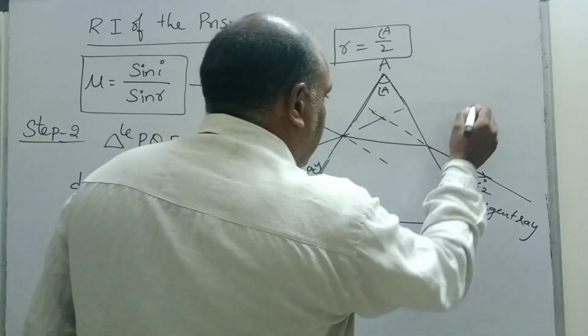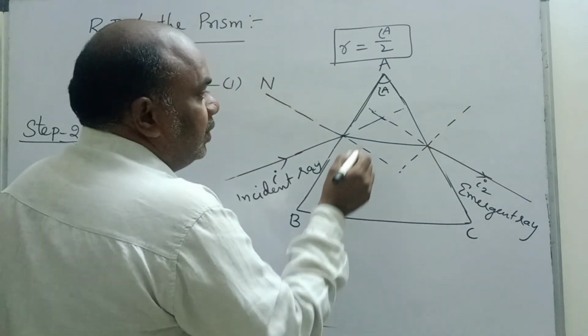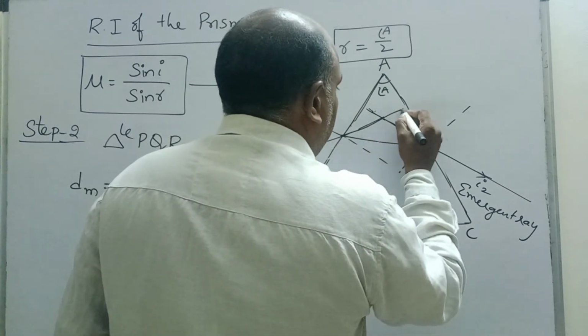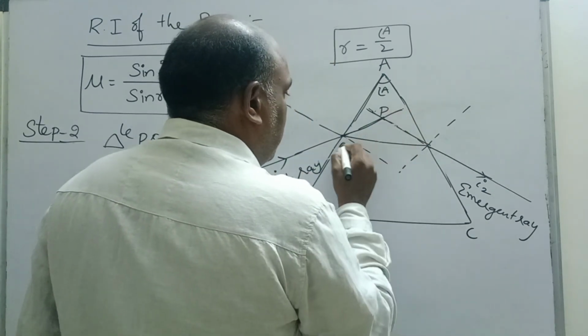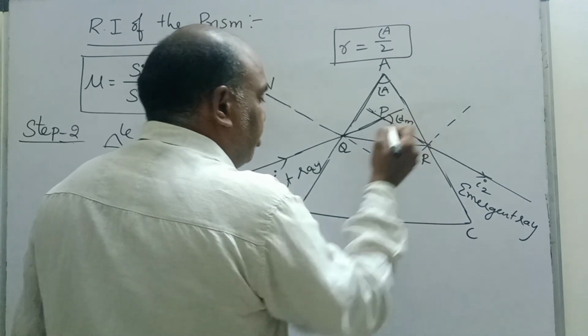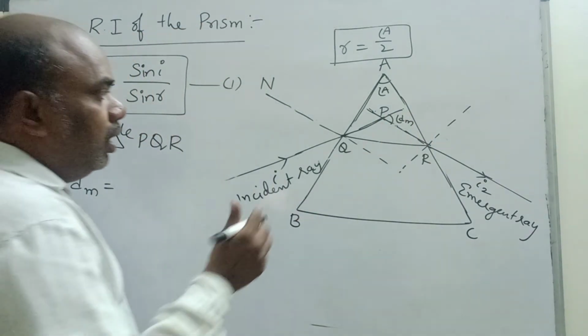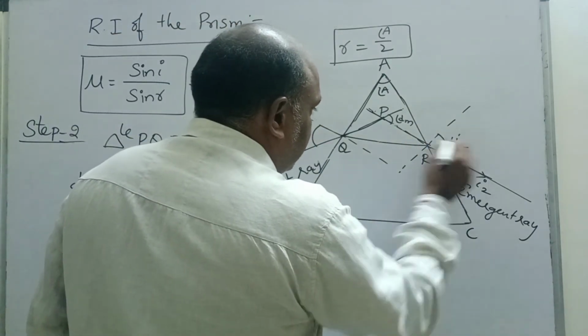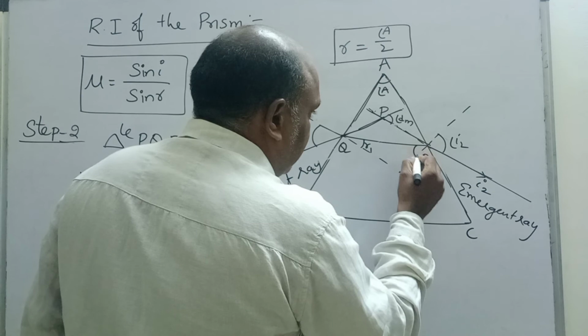So this is the normal, and this is the normal. Now tell me, this is PQR. This is the angle of deviation, angle DM, minimum deviation. This angle is I1, this is I2. This is R1, this is R2.